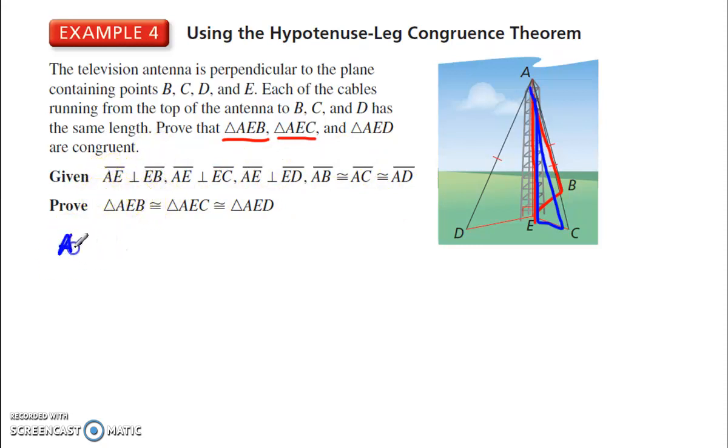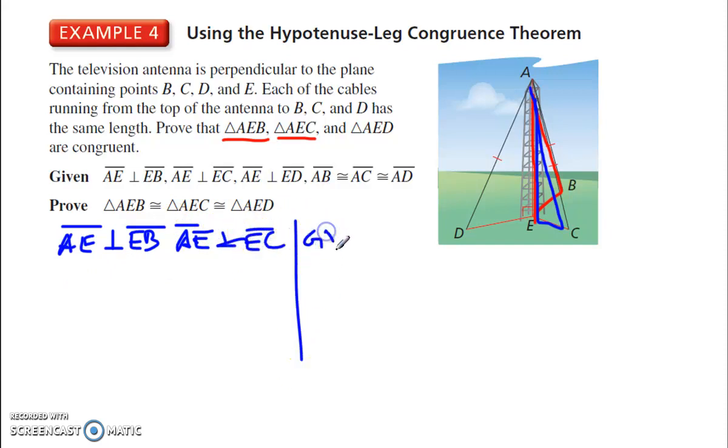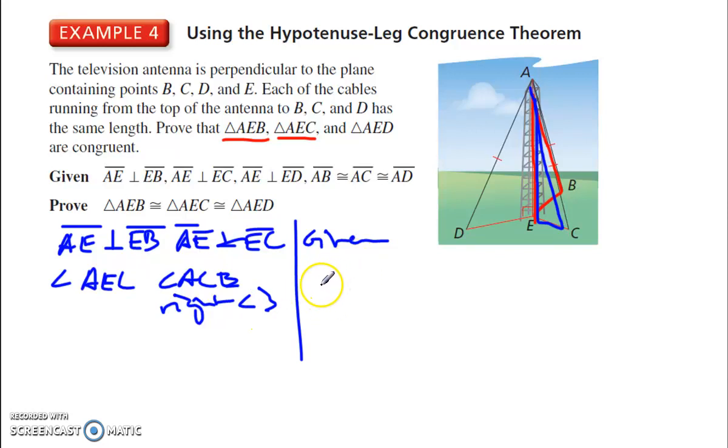So from AE being perpendicular to EB and AE being perpendicular to EC, which we're given, we can say that the angles, angle AEC and angle AEB, are right angles, because of the definition of perpendicular.